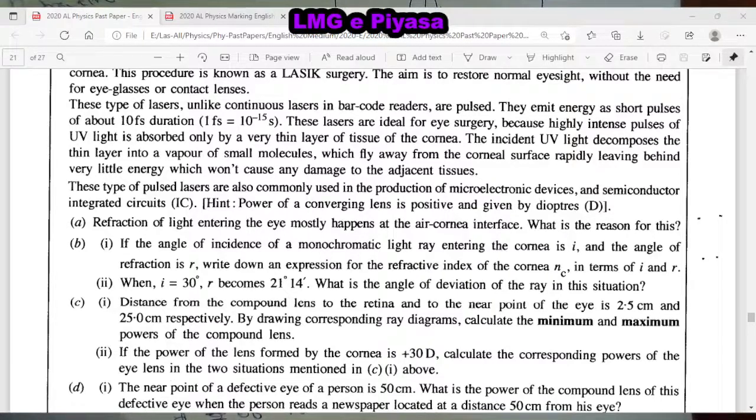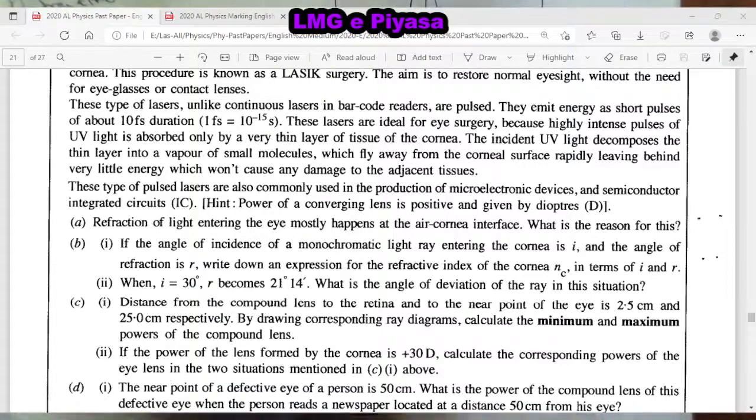The compound lens is the cornea and the lens combined. We consider the combination of the cornea and the eye lens as a combined single lens, right?